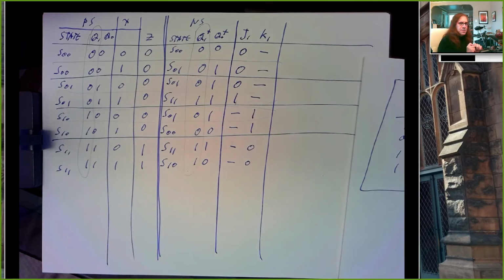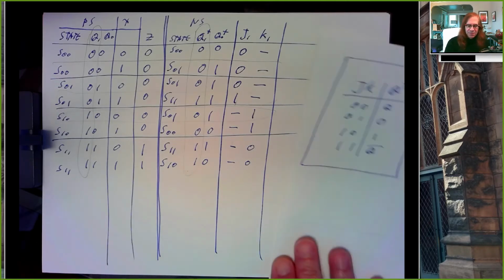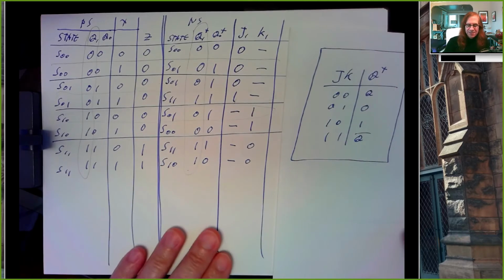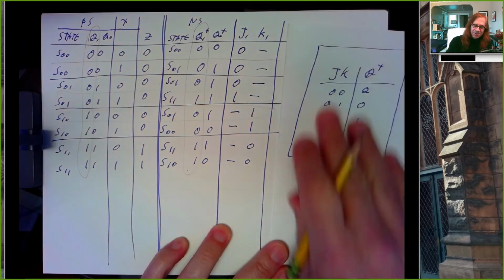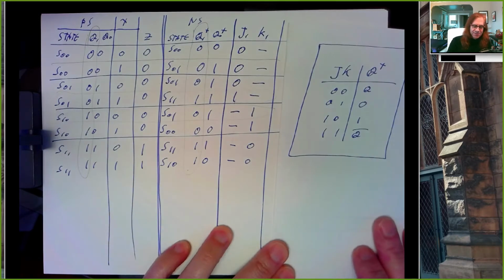So if we have an output from Q1 and Q0, we need to make sure that to get to the next state, J1 and K1 have to be something. Well, how do we know what we're going to feed to J1 and K1 to get these to the next state? It's a bit of a reverse engineering of what the flip-flop does.